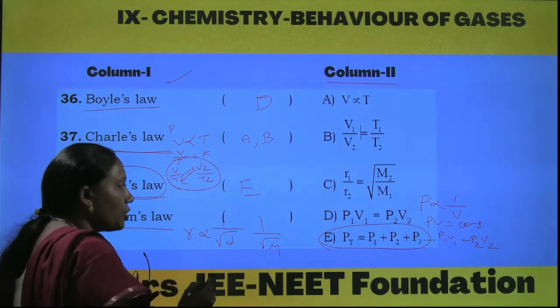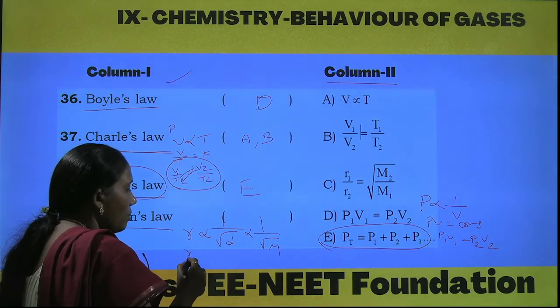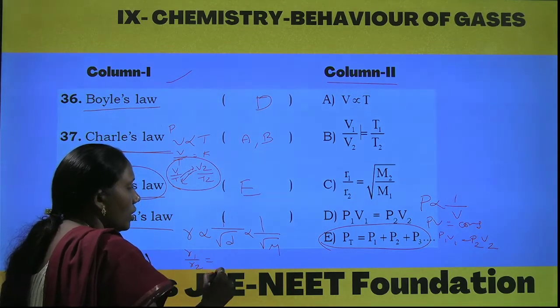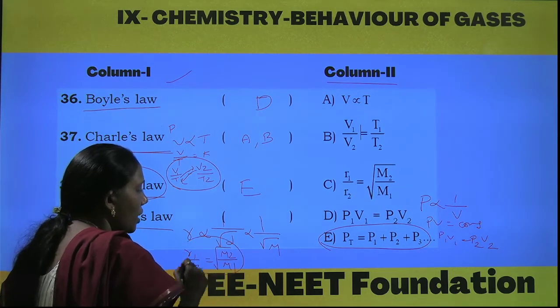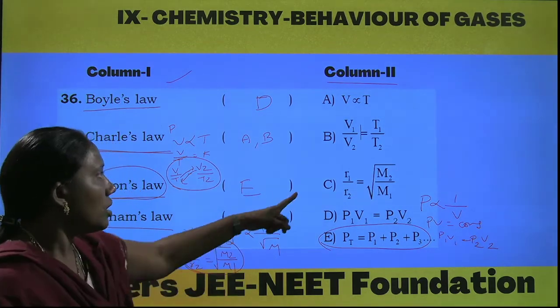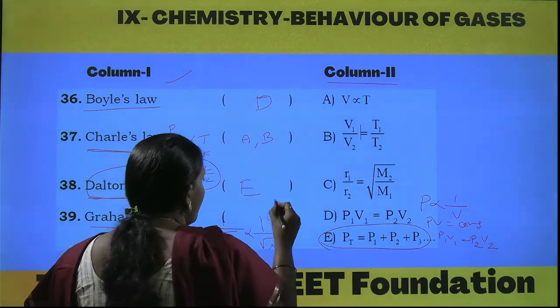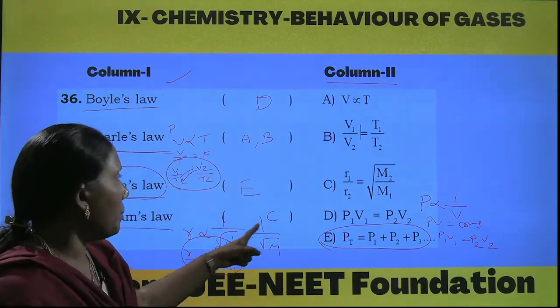If you take 2 different gases, then R1 by R2 equal to root M2 by M1. So, C option is correct. Graham's law will be C.